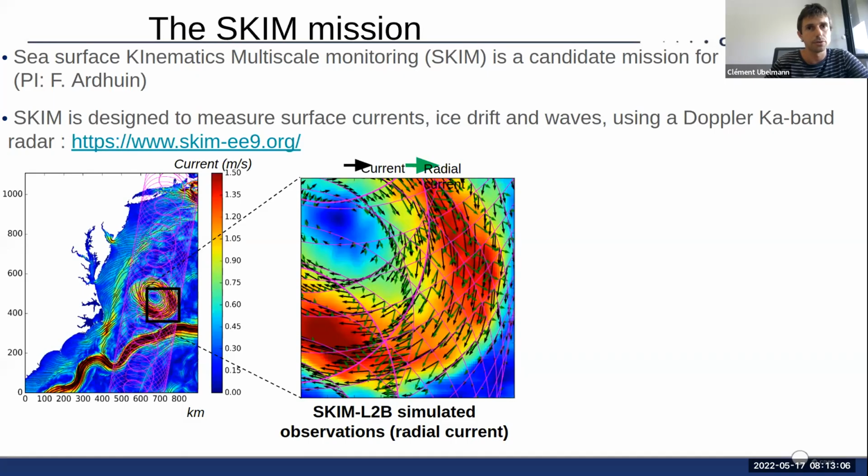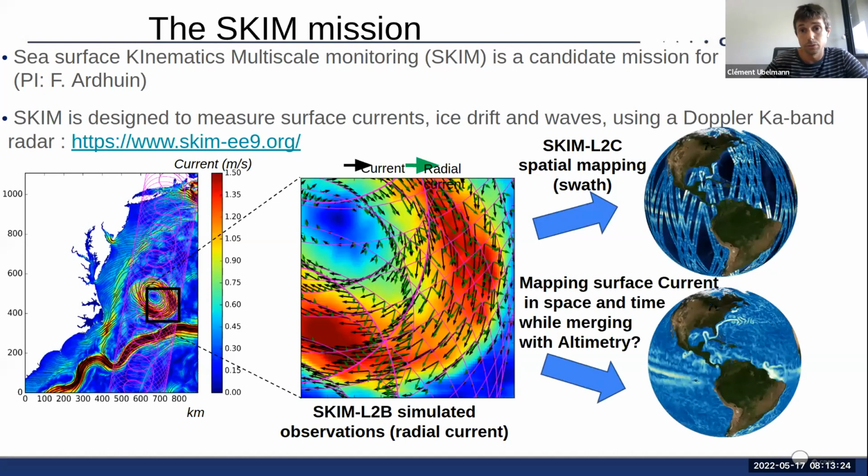So, very quickly, an overview of what this SCHEME mission was. It was designed for wide swath 2D surface current, total surface current observations. And of course, the challenge was to reconstruct the total current with typically 2 to 4 day time revisits.